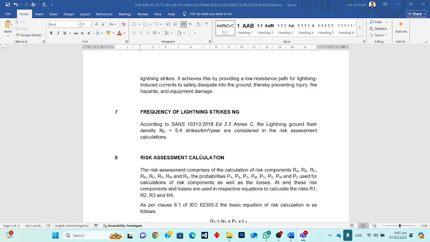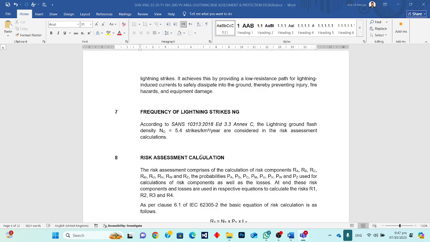But in South Africa, the standard is SANS 10313:2018 and IEC, and the lightning ground flash density NG of 5.4 strikes per square kilometer per year is considered in the risk assessment calculation.